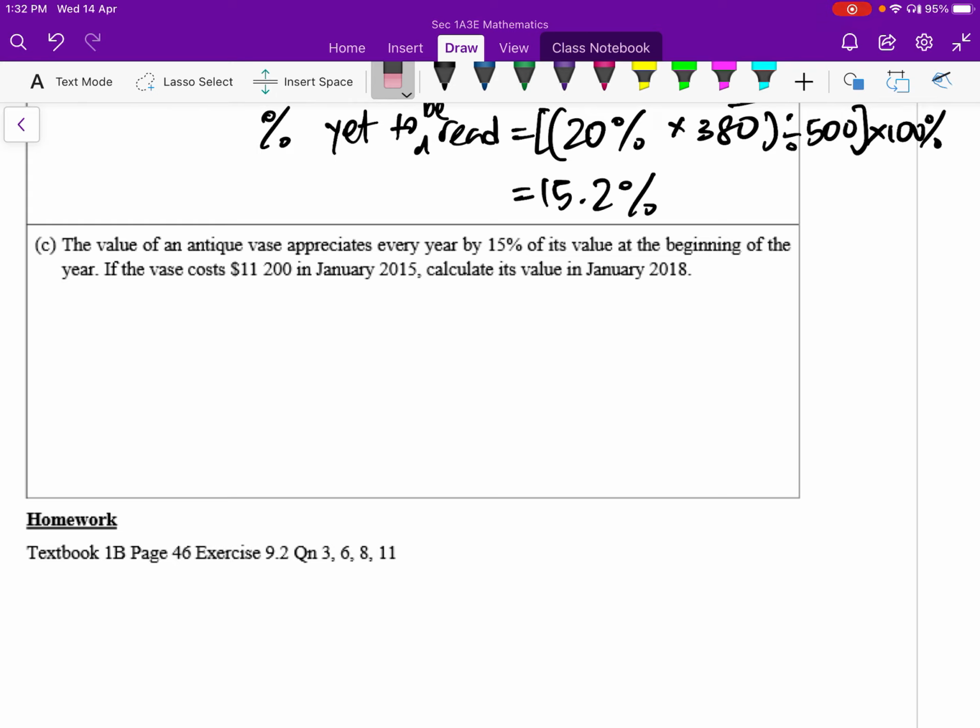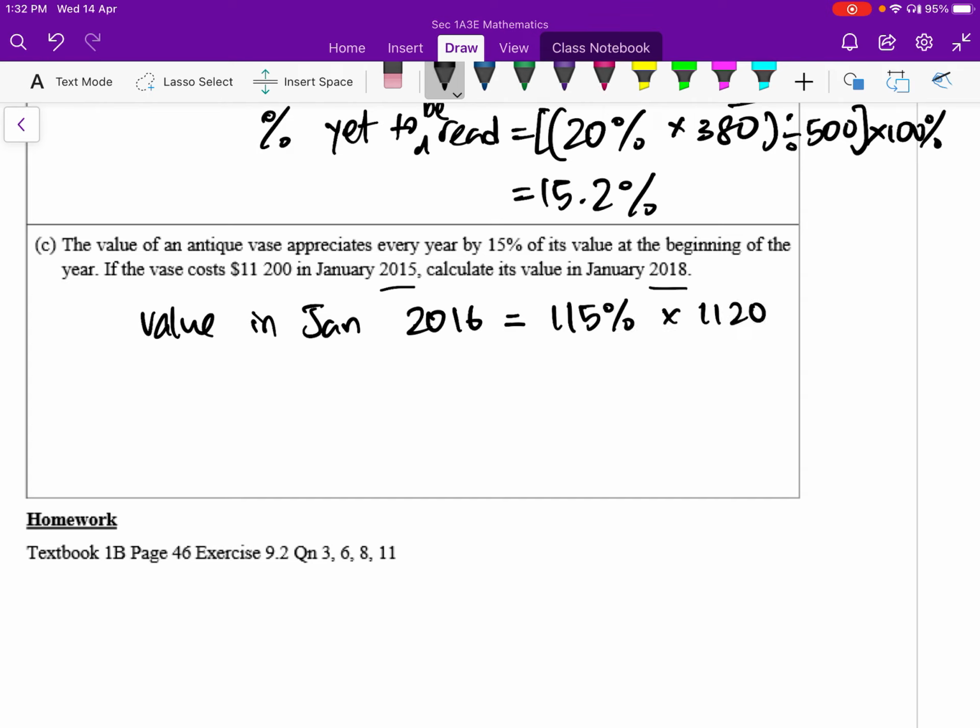Okay? Now, it costs 11,200 in January 2015. What about the value in January 2018? So let us check. Value in Jan 2016. So in 2016, the value will now be 115% times 11200.